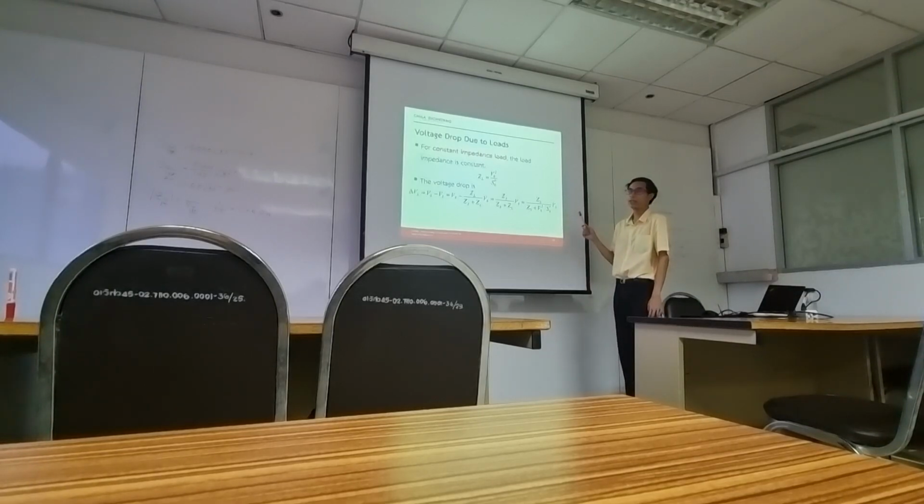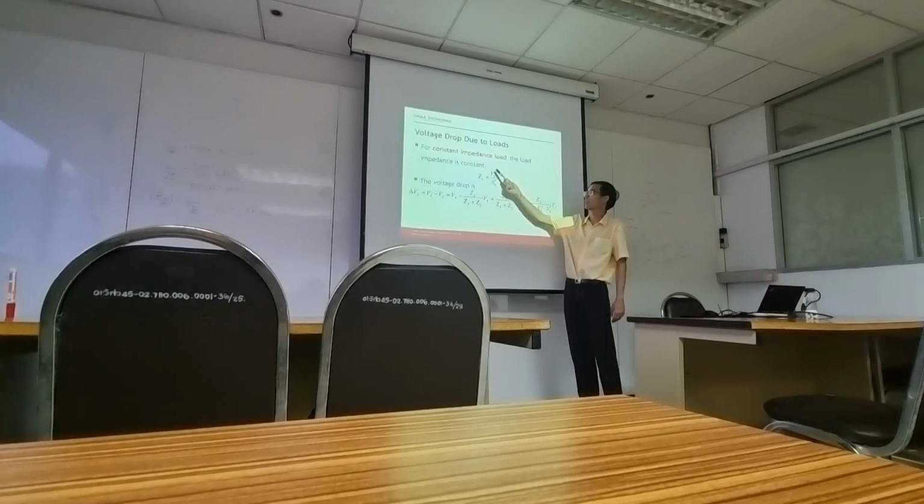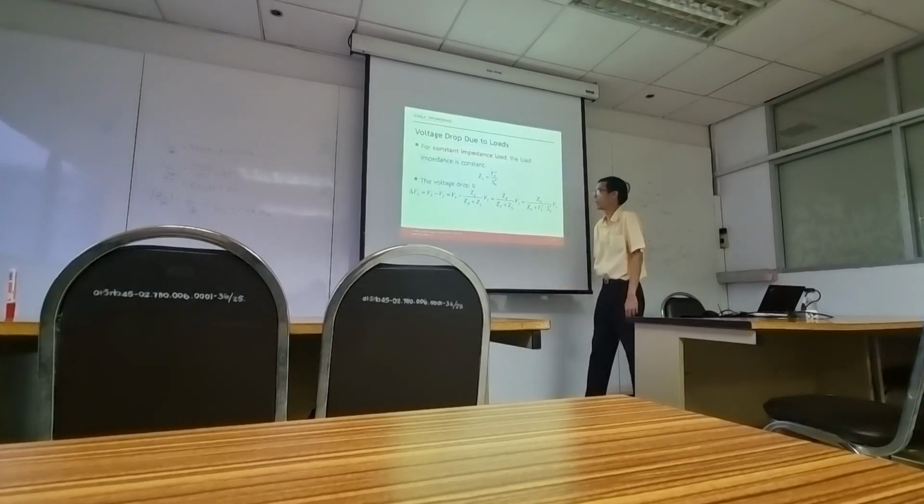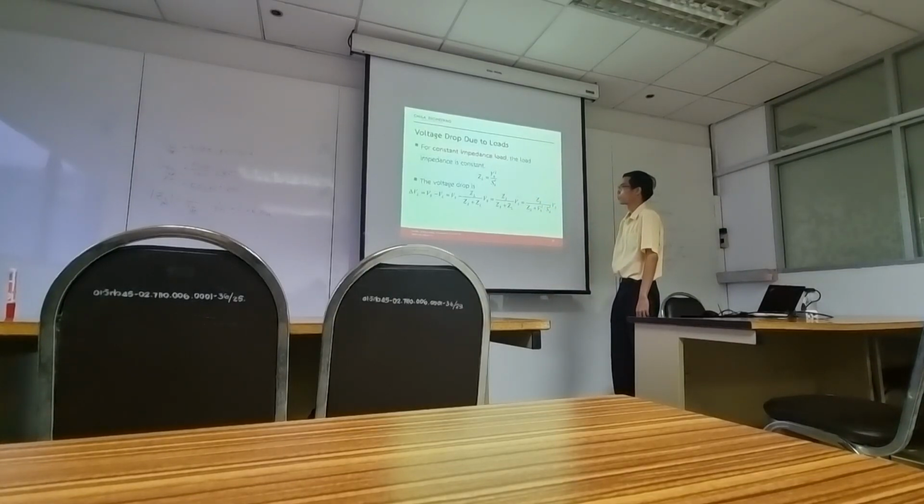For constant impedance load, we talked about constant impedance load last time. The load impedance will be constant, so it means ZL is constant. ZL equals V0 squared divided by S0 conjugate.